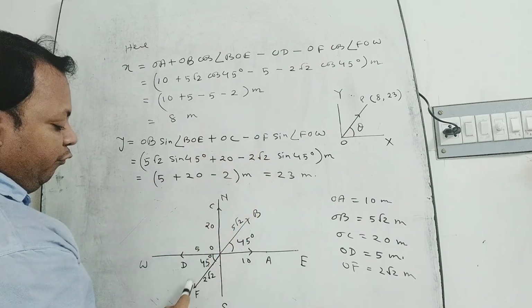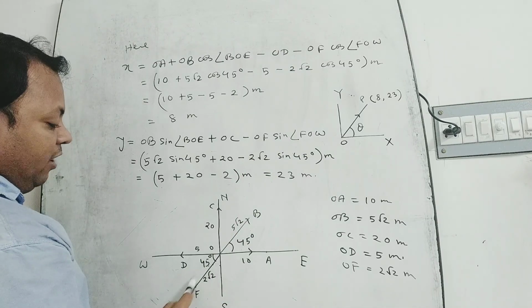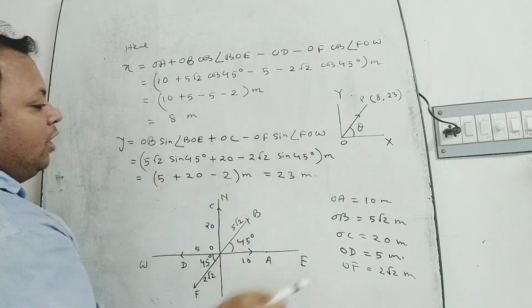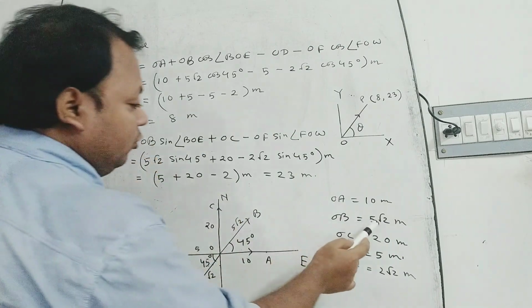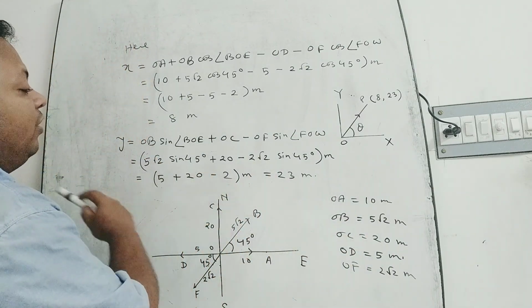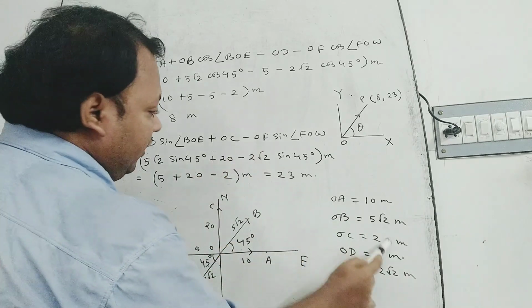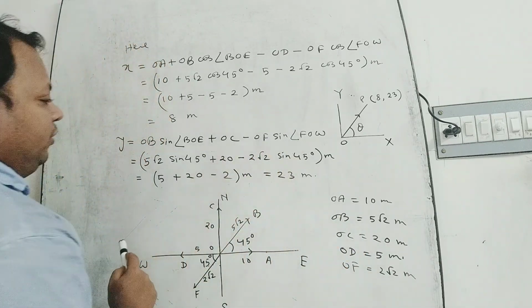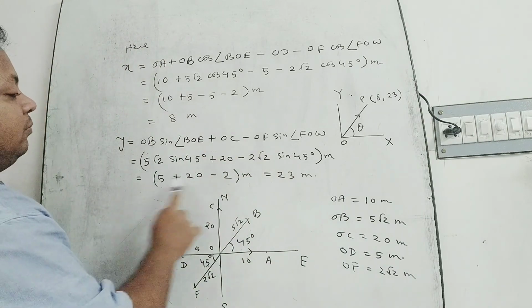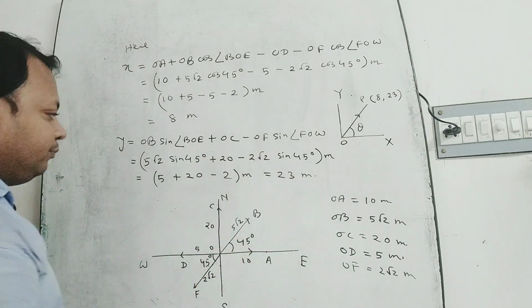Minus OF sine FOW. Now we can put these values. OB is equal to 5√2 sine 45 degree plus OC is equal to 20 meter and OF is equal to 2√2 sine 45 degree. This gives 23 meter.